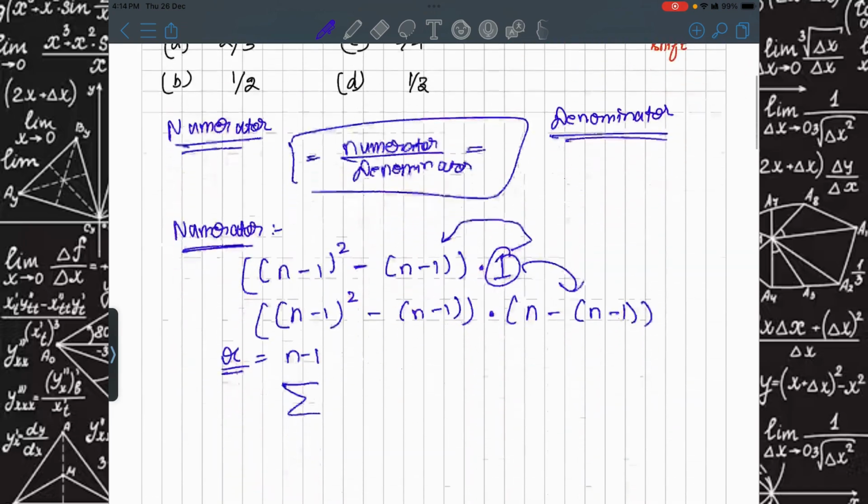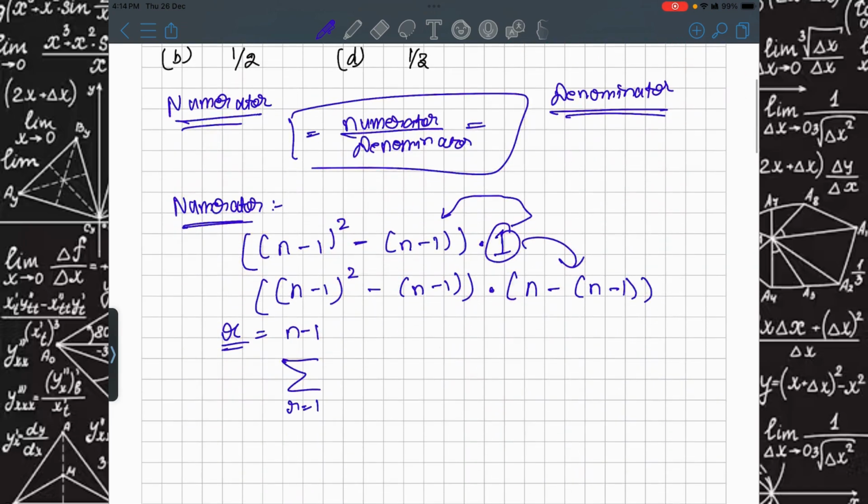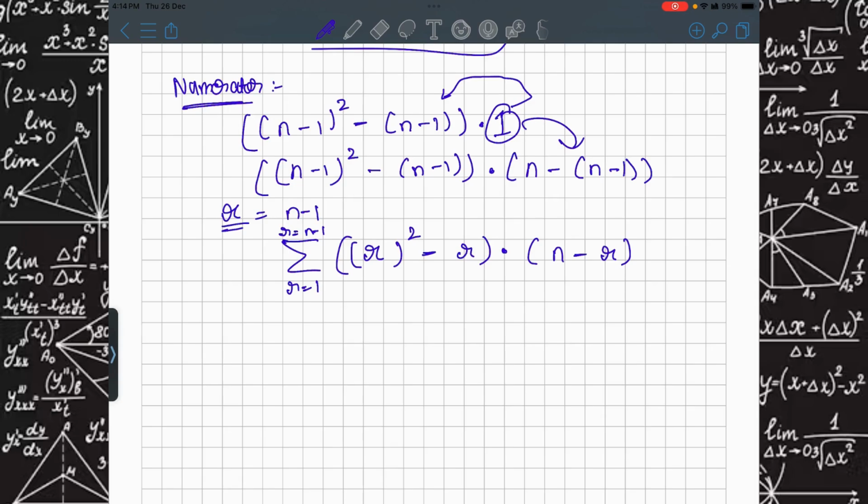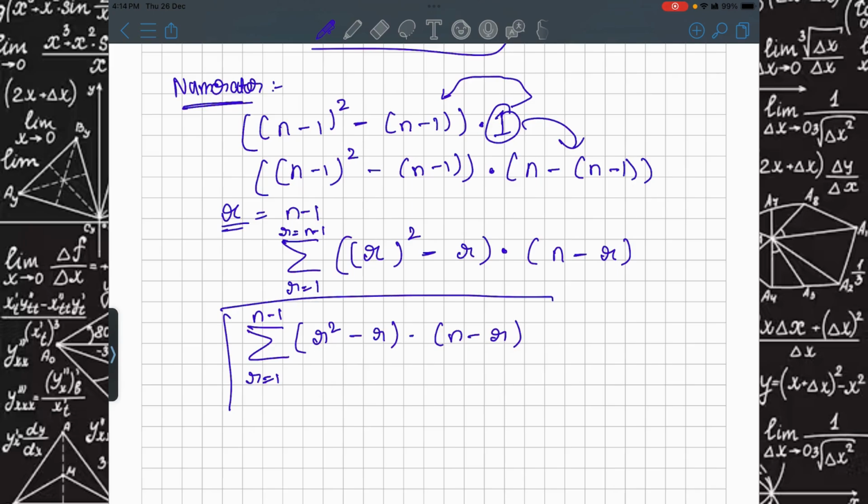So we can start from r equals 1 to r equals n minus 1, and we can write this as r to the whole square minus r times n minus r. So this is the general form, right? Summation of r equals 1 to n minus 1 of r square minus r into n minus r. This is the general form which we have arrived at for the numerator.